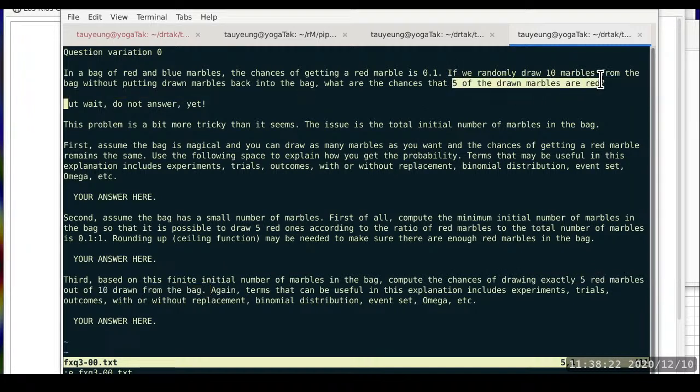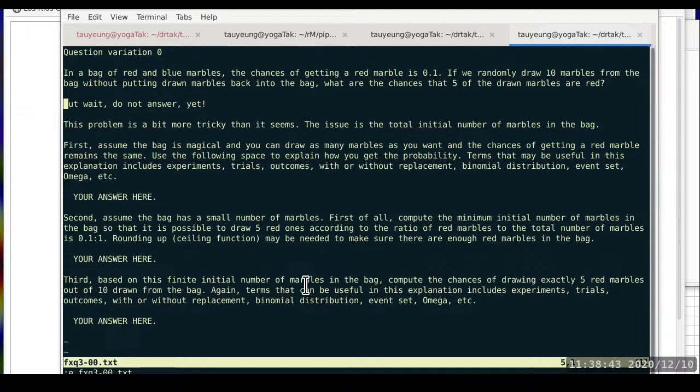So do we just repeat the answer to the first part of the question? The answer is no, because this time the bag of marbles is no longer magical. So that means after you pick something out, it would influence the chances of what you're going to choose next.